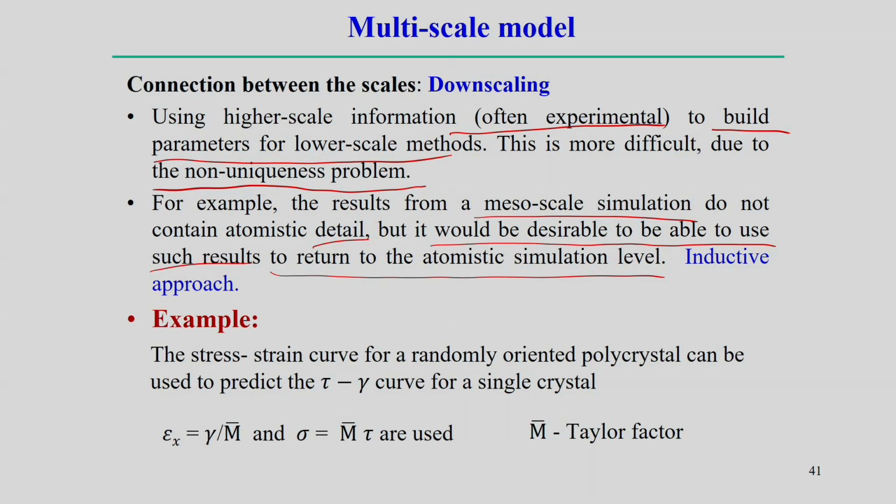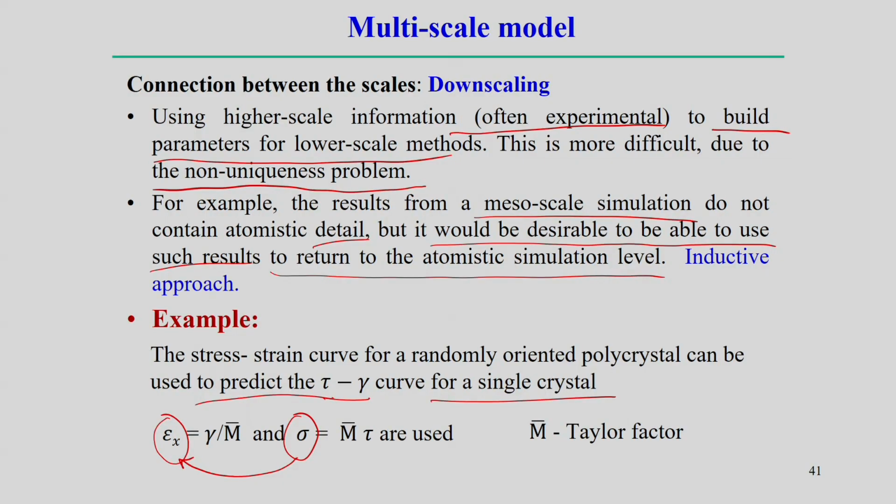For example, we can give an example also: the stress strain curve for a randomly oriented polycrystal. For the polycrystalline material, we can easily find this stress versus strain graph. But if we know this polycrystalline information from the stress strain diagram, can that information be used to predict the shear stress shear strain curve for a single crystal at the lower scale?